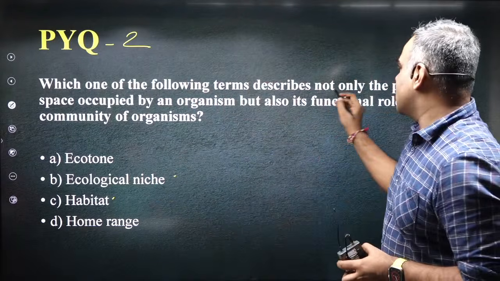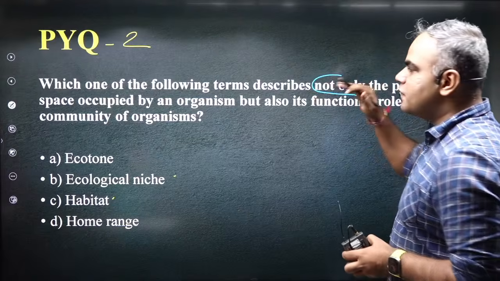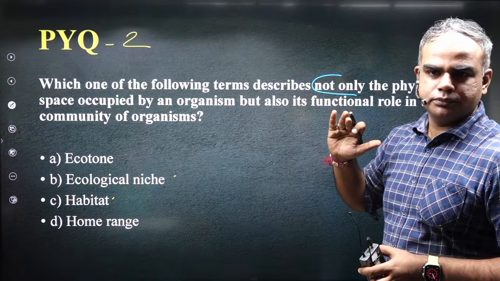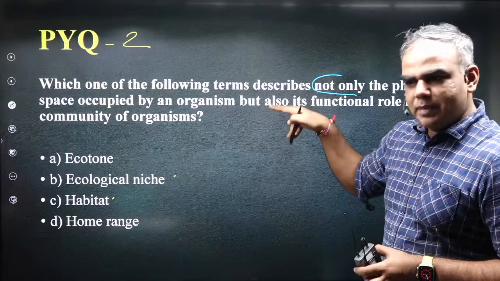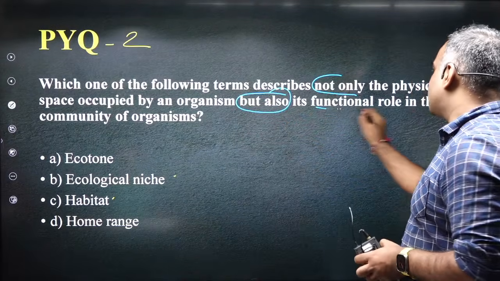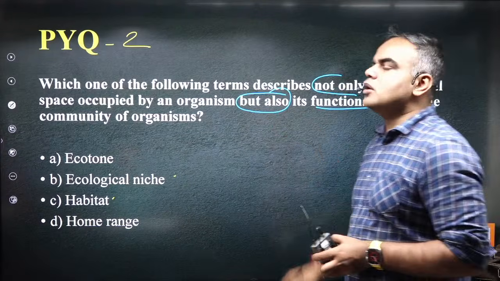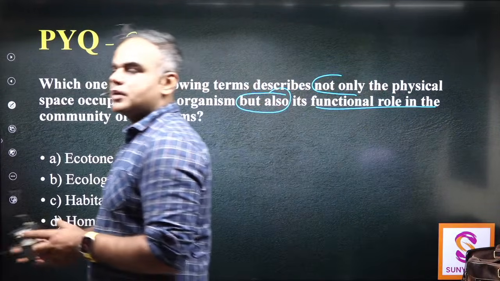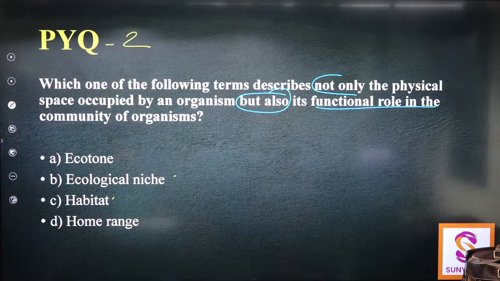Which of the following describes not only the physical space occupied by the organism but also its functional role in the community of organisms? Now tell me, what will the answer be? The one who said habitat, why habitat?